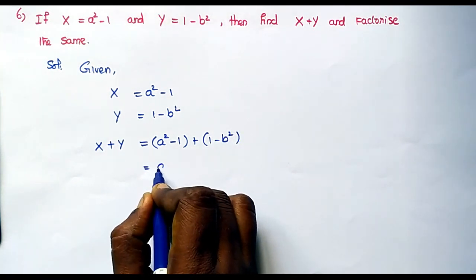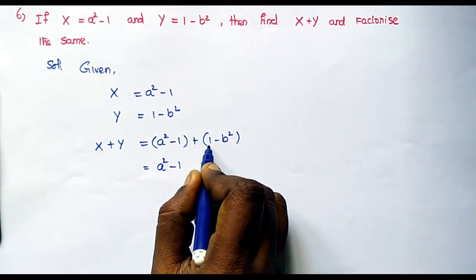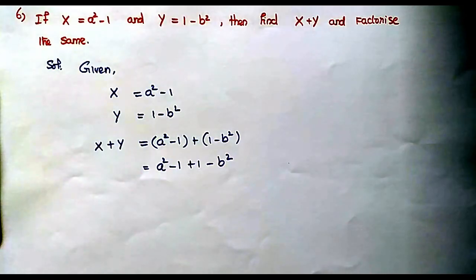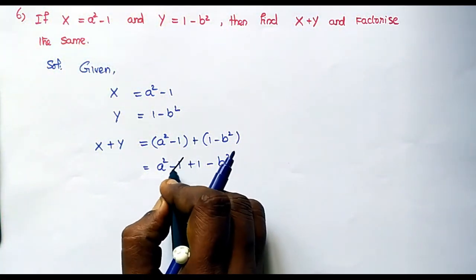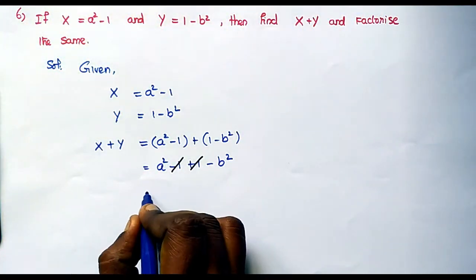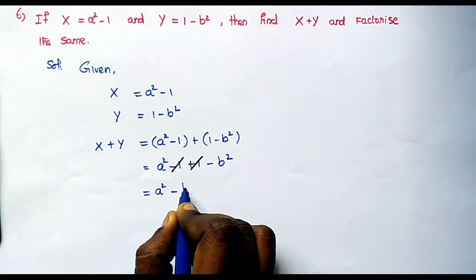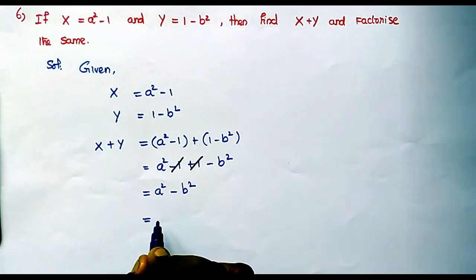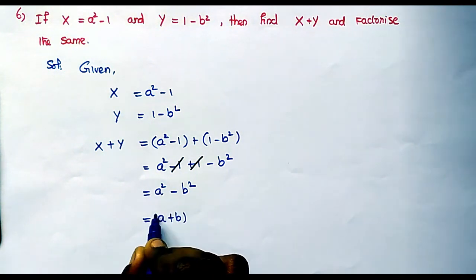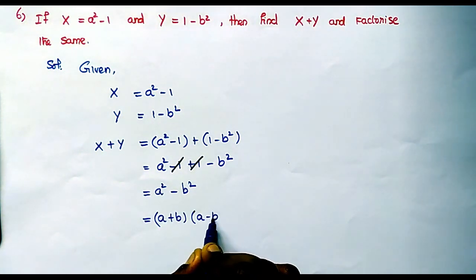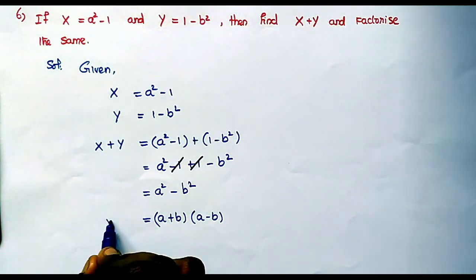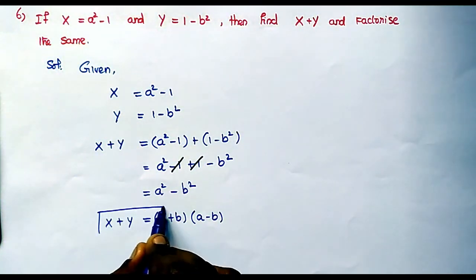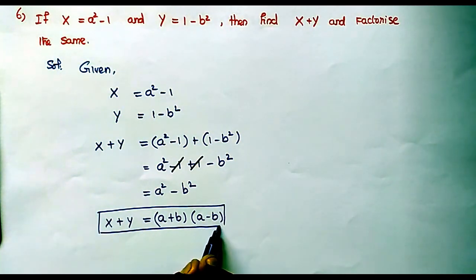Remove the bracket now. a² − 1, plus into plus, plus 1, plus into minus, minus. Now plus 1 and minus 1 get cancelled. So we get a² − b². Now factorize it. a² − b², that is (a + b) into (a − b). Now it is factorized. That is the answer.